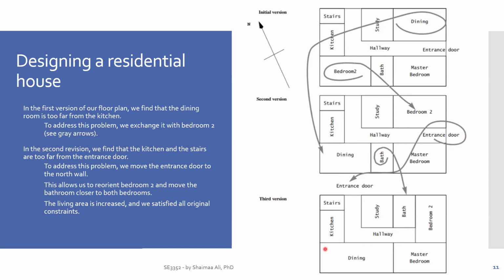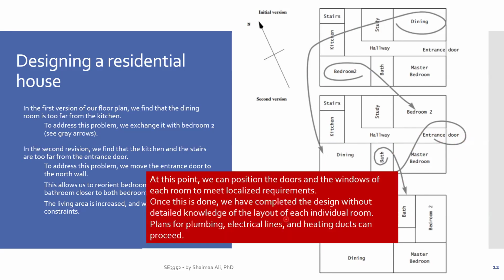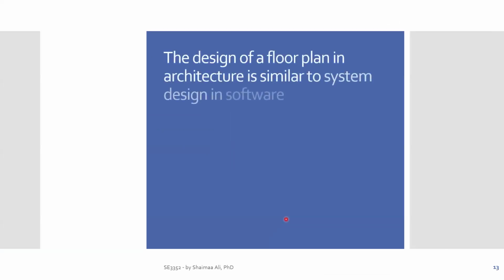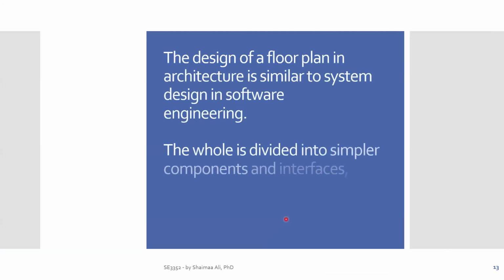So we can start adding details. Once we reach a satisfactory or good enough architecture or high-level design, now we can start thinking about adding the details. This is reminiscent of what we would do in a software system.